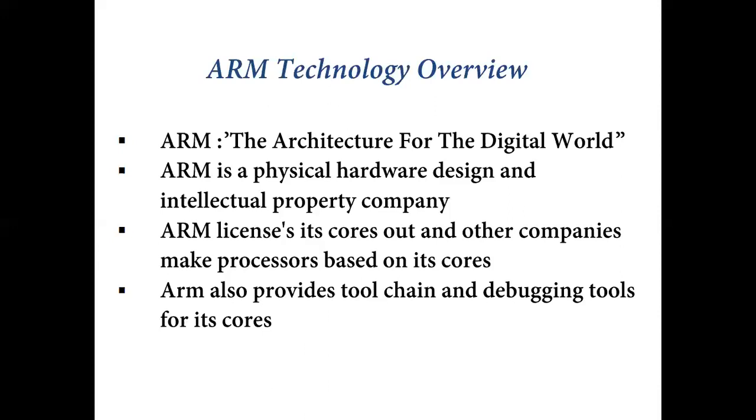ARM licenses its cores, but a company can make a processor based on its own cores. For example, if Samsung is framing its own IC, it will use the same ARM architecture, but the core can be altered as per their requirements. ARM also has its own debugging tools to analyze how the cores are working.